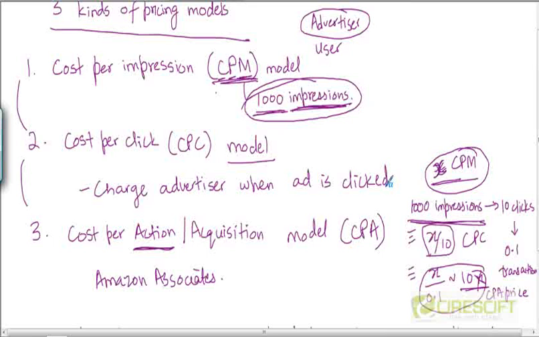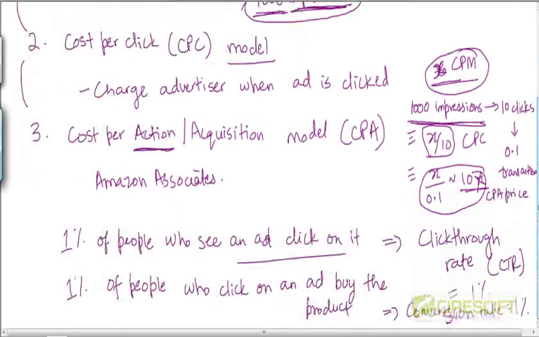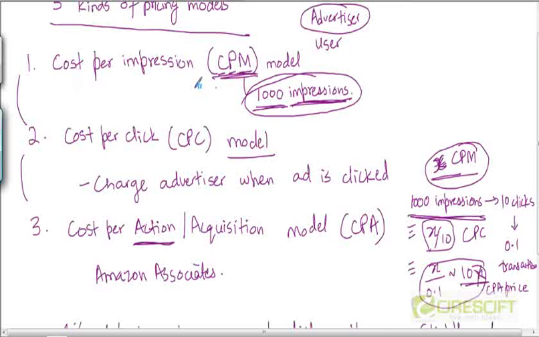Okay, so you're along the right line, but Amazon could have gone even with the CPM model, because as I said, you can always interconvert, right?